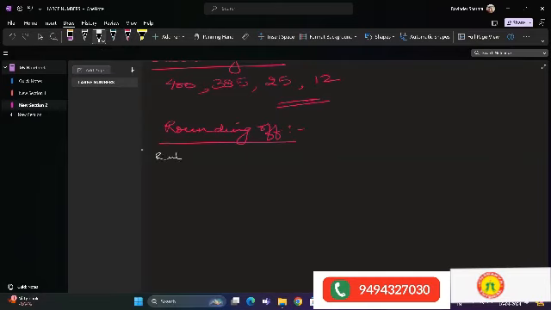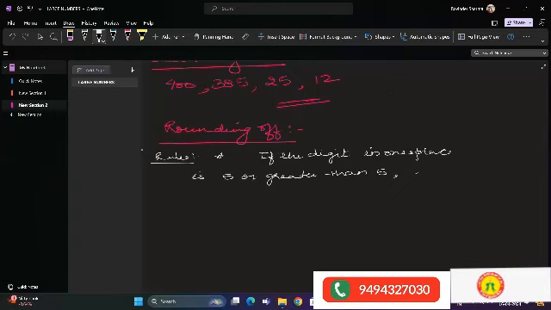First rule is, if the digit in the ones place is 5 or greater than 5, then it is rounded up to the next higher tens.